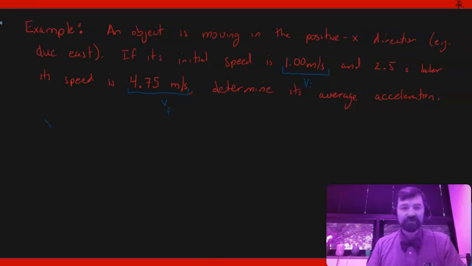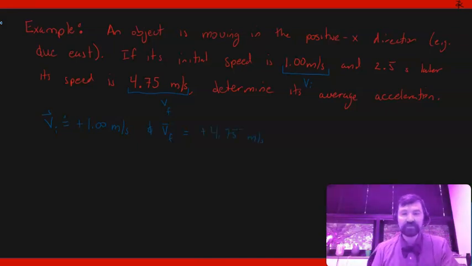So we might say v initial is plus 1.00 meter per second, and v final is plus 4.75 meters per second. This number right here represents the time that has elapsed.